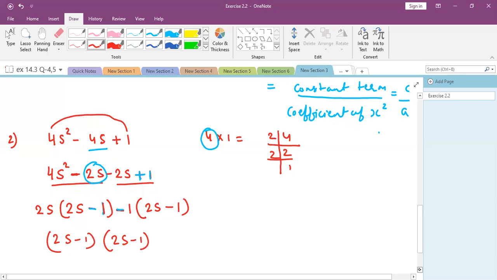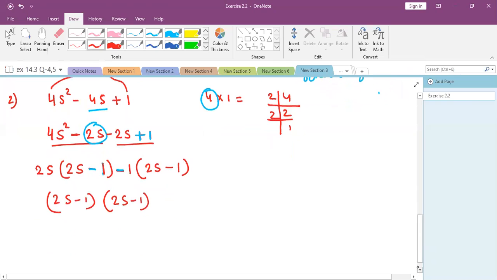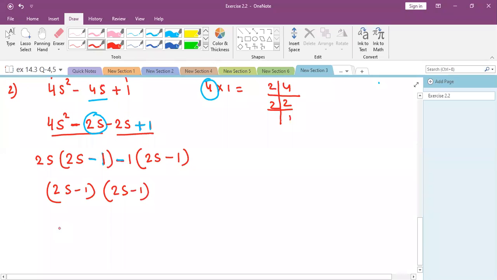Now let us find zeros, that is the value of s, by keeping both the brackets equal to 0. So 2s minus 1 is equal to 0, and also 2s minus 1 is equal to 0. So minus 1 will become plus 1 on the other side. Here also 2s will be as it is and minus 1 will become plus 1.